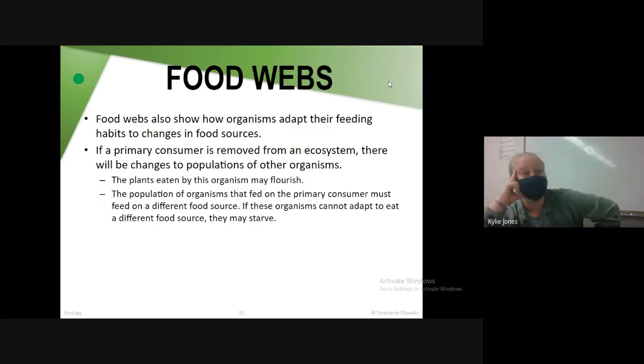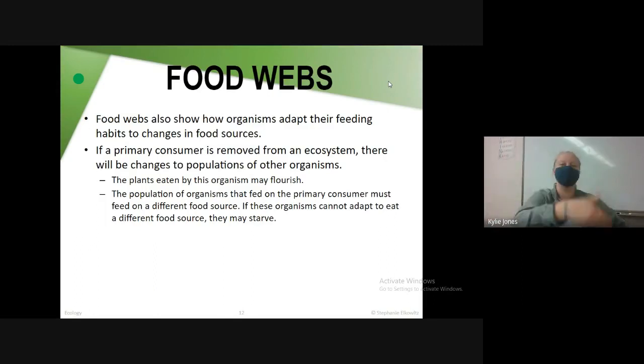So a really good example of this is in Yellowstone National Park in the 90s. Basically, there was a ton of deer, like a lot of deer. And they were eating all of the plants in Yellowstone, and it was really hurting the ecosystem in Yellowstone National Park. So what they did is they introduced wolves to the environment.